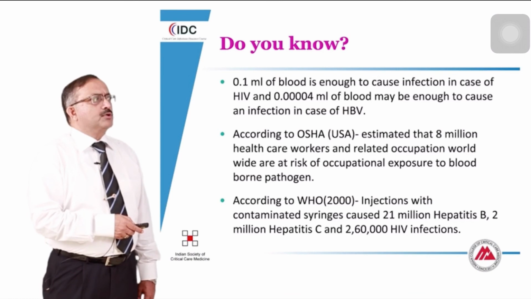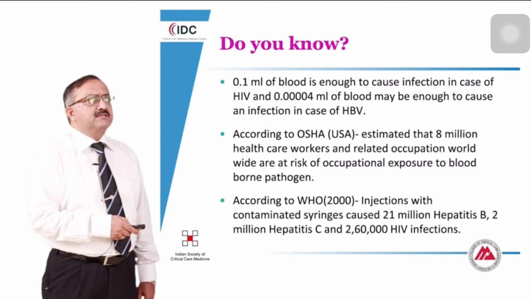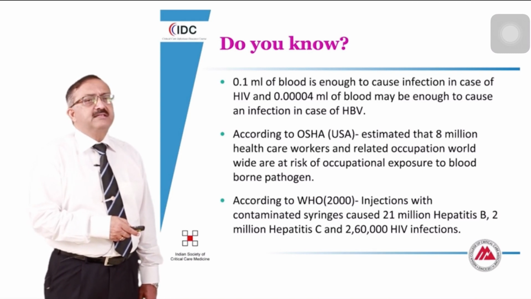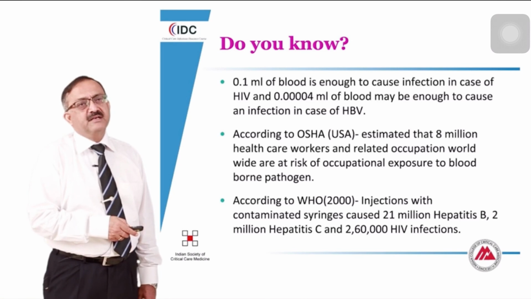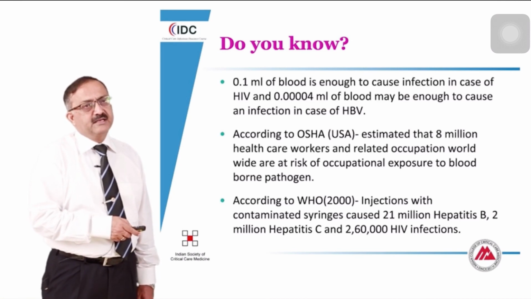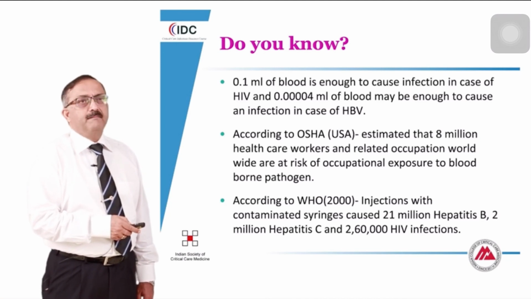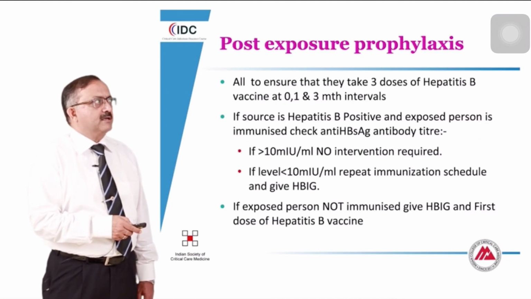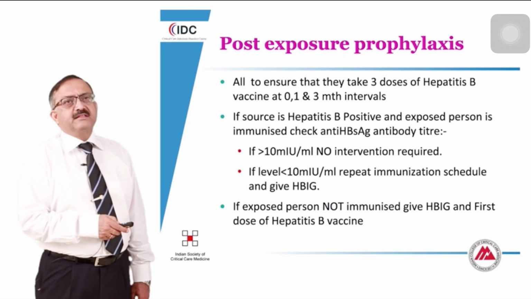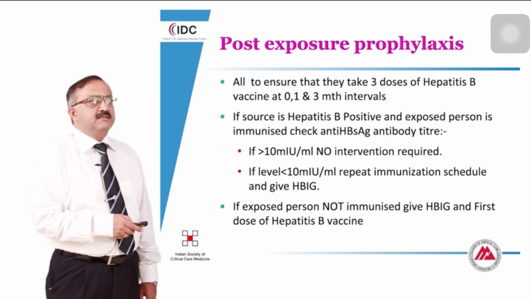According to WHO, injections with contaminated syringes cause 21 million hepatitis B, 2 million hepatitis C and 2,60,000 HIV infections. These statistics are stupendous and should be a warning of how careful we need to be in personal prophylaxis. All should ensure that they take 3 doses of hepatitis B vaccine at 0, 1 and 3 month intervals.